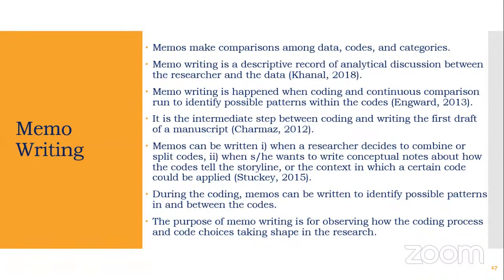During the coding, memos can be written to identify possible patterns in and between the codes. Remember, we were discussing open coding, axial coding, selective coding, etc. In the ways in which we are coding the data, we can make short notes about how or why we are coding the data, how it is important, and whether we need to do certain other things while coding.